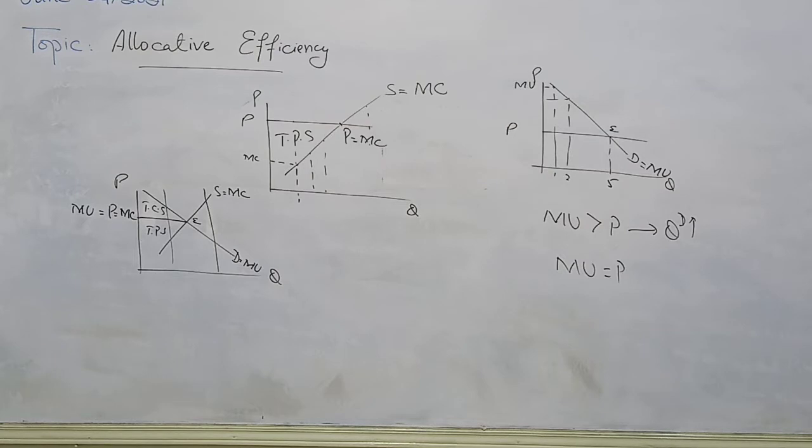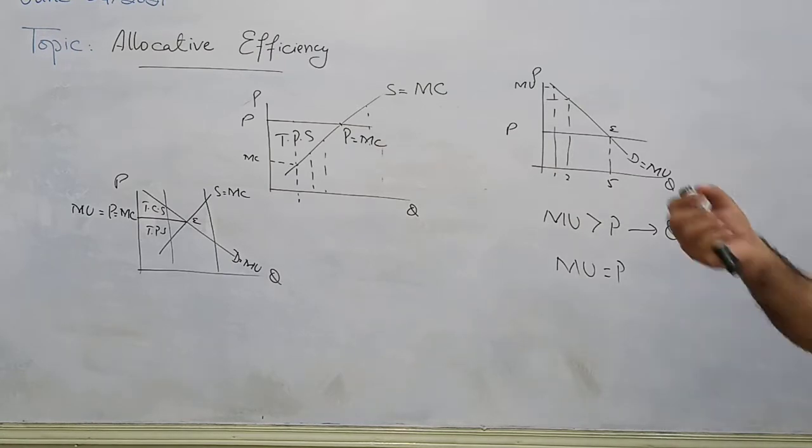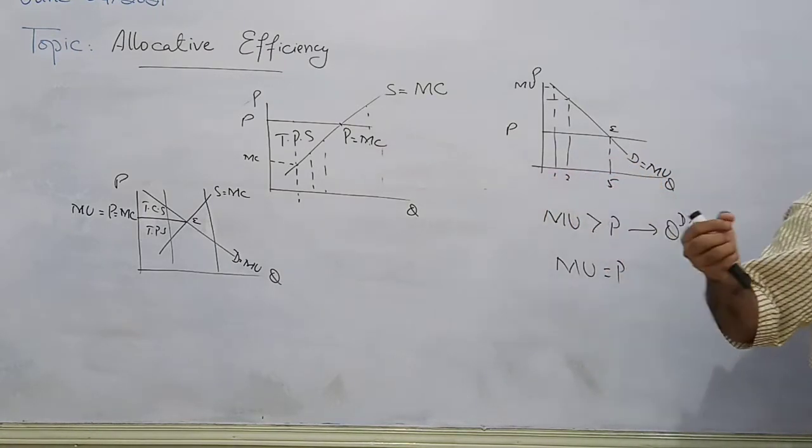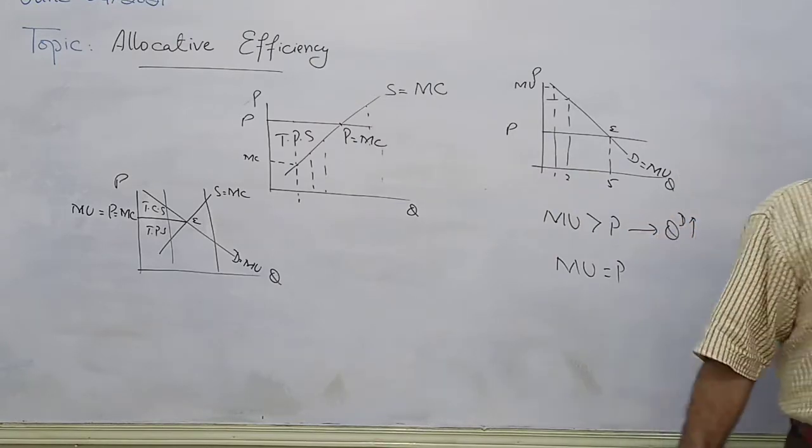This is called the deadweight loss. So we cannot say the resources are efficiently allocated when the market is away from equilibrium. And when it is operating at equilibrium, it will give us efficient allocation of resources in that particular market, and we can say the allocative efficiency condition is achieved by the market forces of demand and supply.